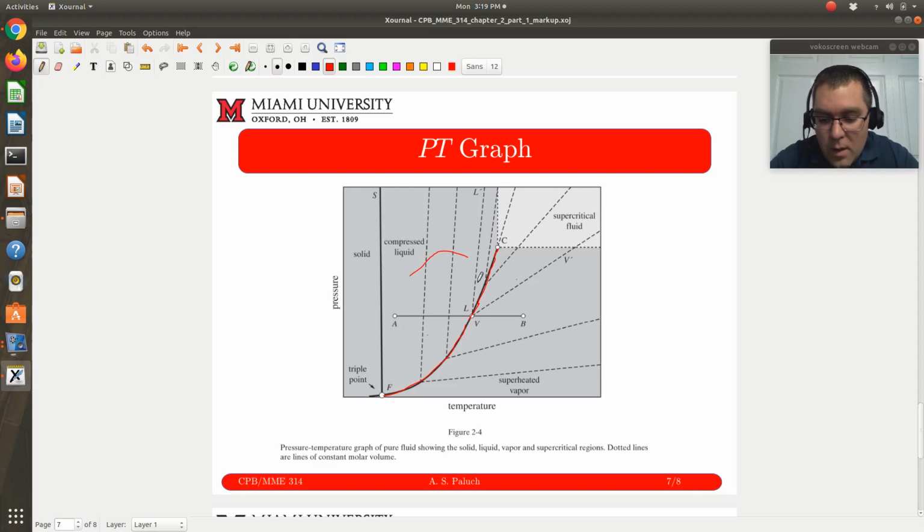All right. If I'm on my P versus T phase diagram, and let's say I'm on this reference point here, if I specify temperature and pressure and I find myself on the line, that tells me I have a system at vapor-liquid coexistence.